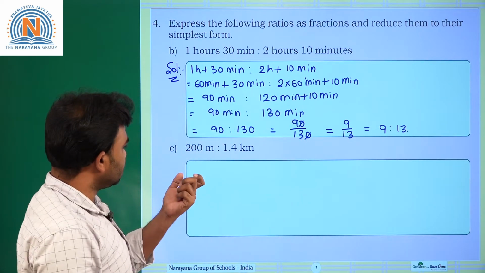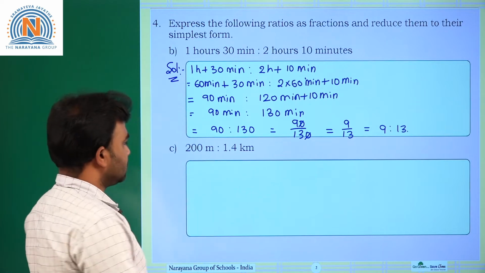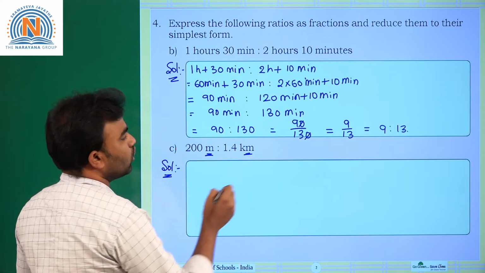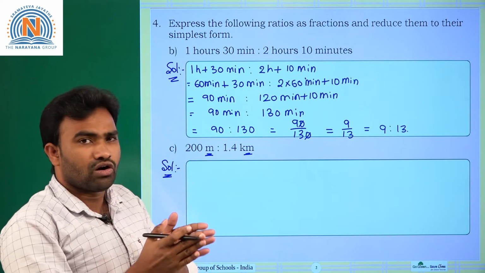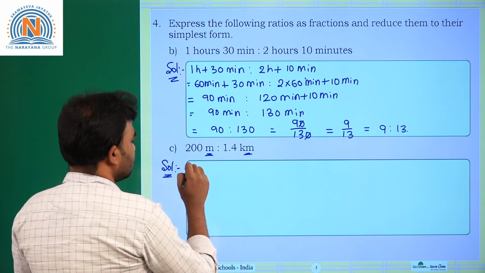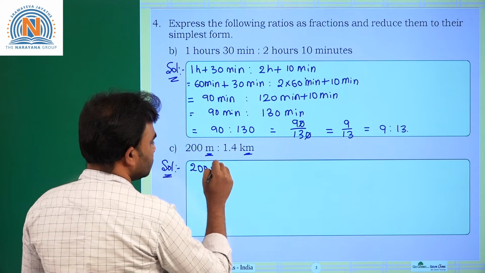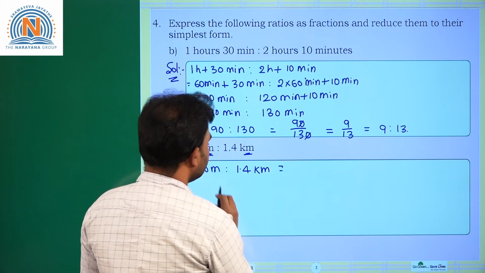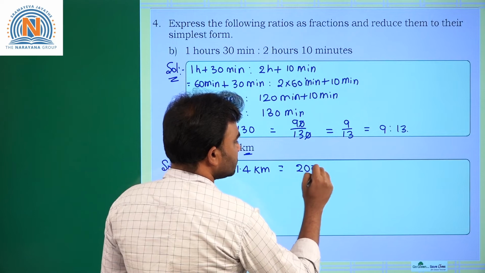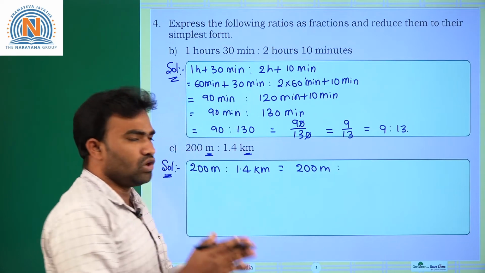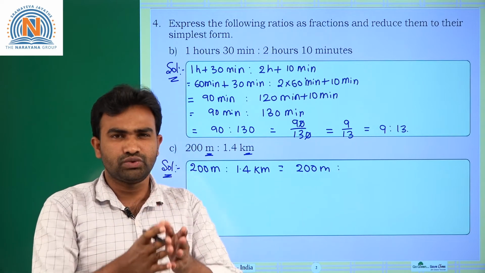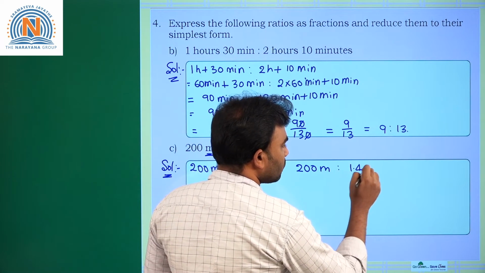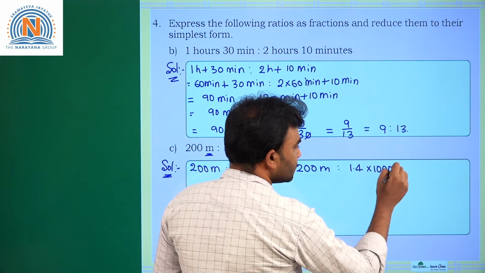Next one, 200 meters is to 1.4 kilometers. Solution, same here, meters and kilometers. Let's convert into the same units. Given problem, 200 meters is to 1.4 kilometers. We know that 1 kilometer is equal to 1000 meters. Then 1.4 kilometers is equal to 1.4 into 1000 meters.